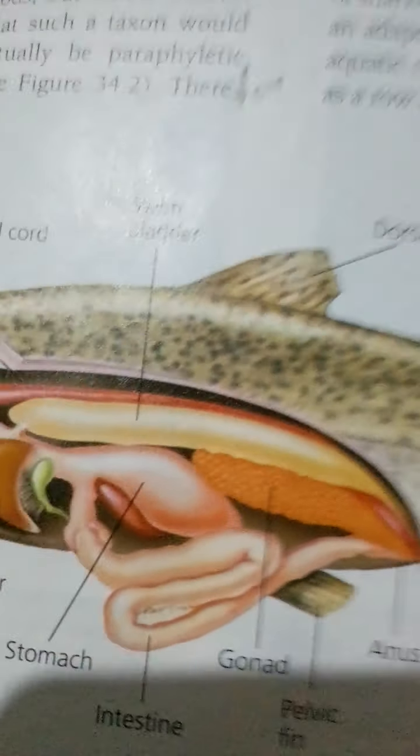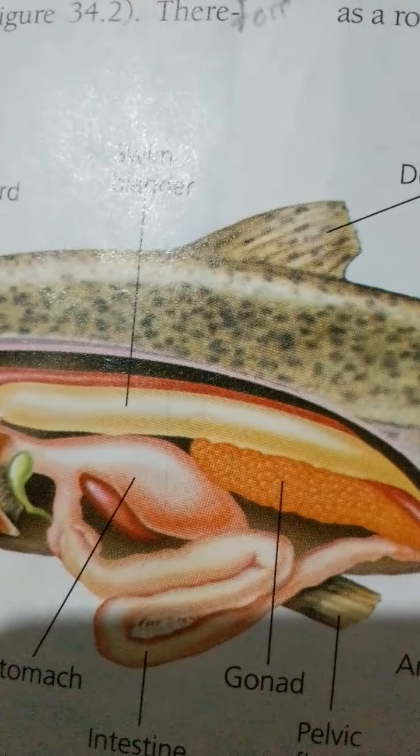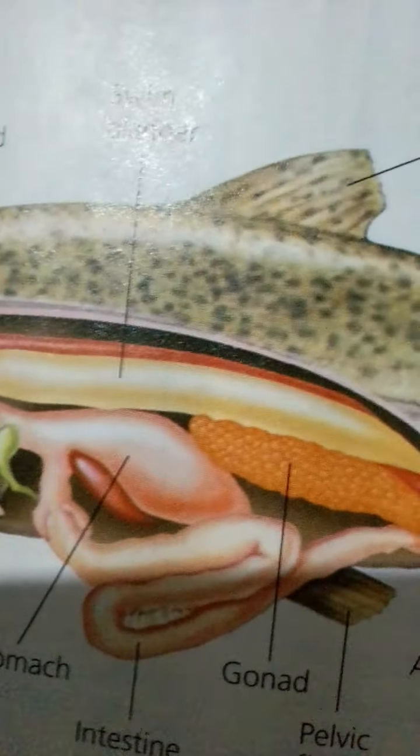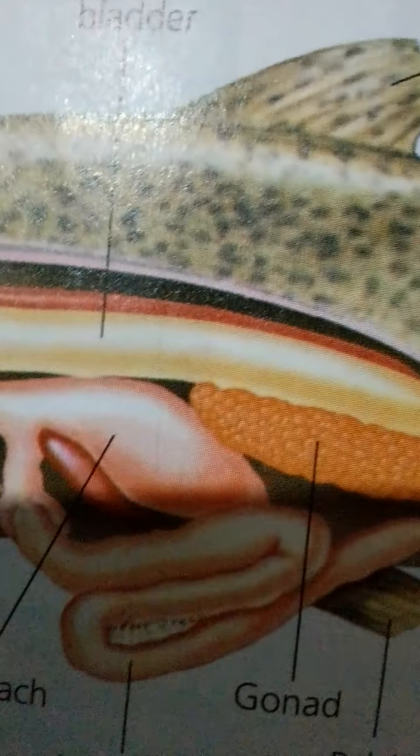Ray fin fishes and lobe fins. The vast majority of vertebrates belong to a clade of gnathostomes called Osteichthyes. Like many other taxonomic names, the name Osteichthyes, bony fish, was coined long before the advent of phylogenetic systematics.